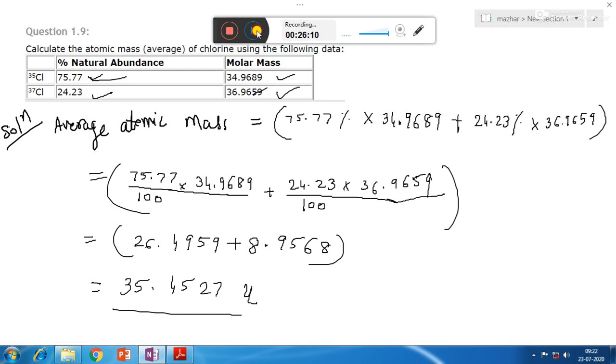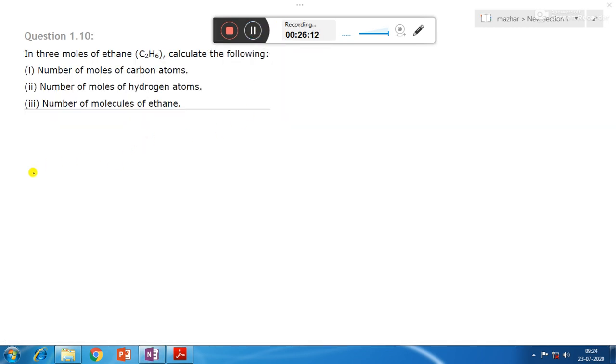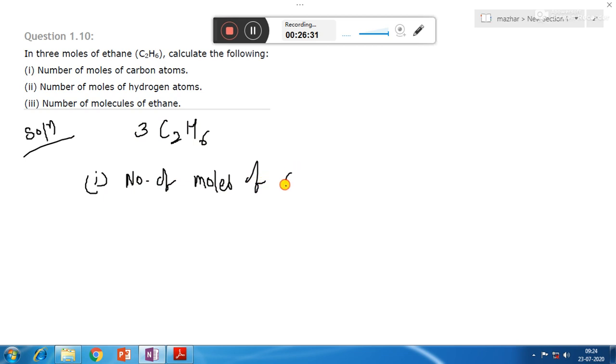Now the next question is, question number 10 is, in 3 moles of ethane calculate the following. So we are having 3 moles of ethane. Number 1, number of moles of carbon atoms. So here you can see that we are having 3 into 2, that is 6 moles of carbon atoms.